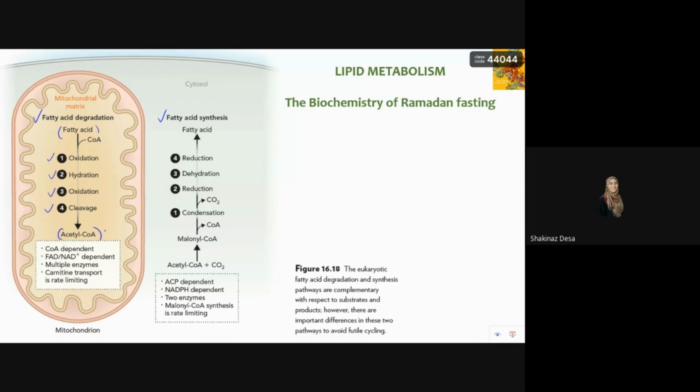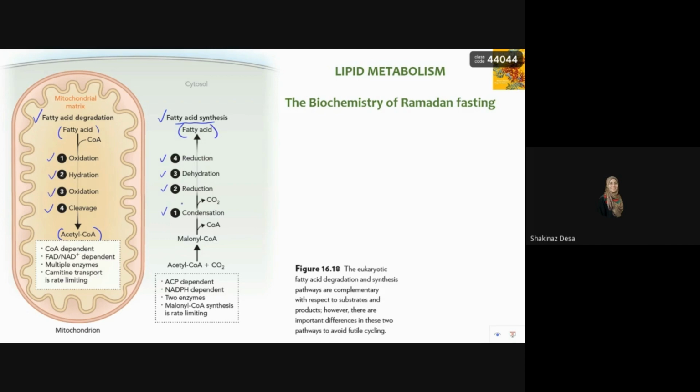On the other hand, we have fatty acid synthesis, where it also involves four processes: condensation, reduction, dehydration, and reduction. The end product of this process, of course, is fatty acid.